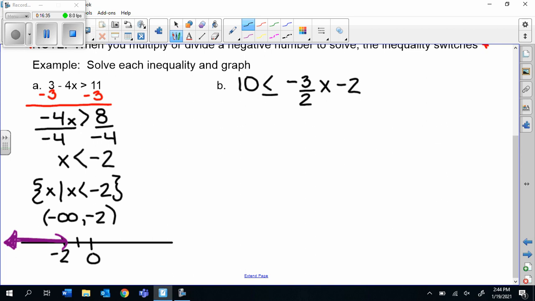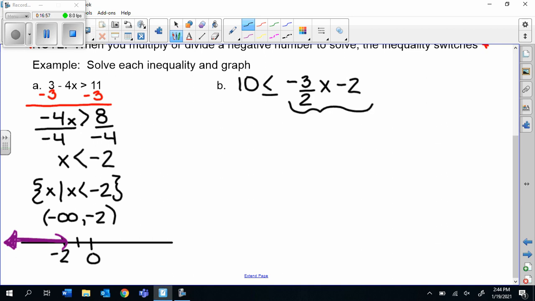There we go. Now you see that the variable's on the right-hand side. We've got negatives here, we've got the variable on the right. Everything is kind of a mess, and with inequalities, I really prefer to have the variable, if possible, on the left-hand side for graphing. So I might rewrite this whole thing.